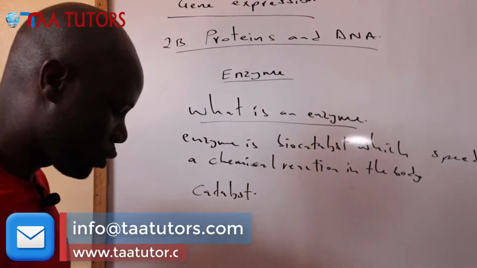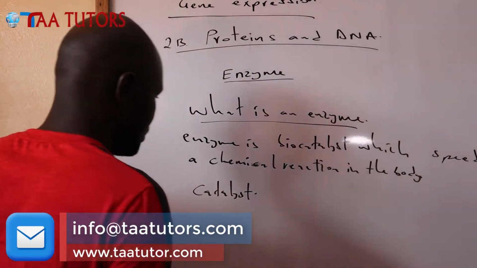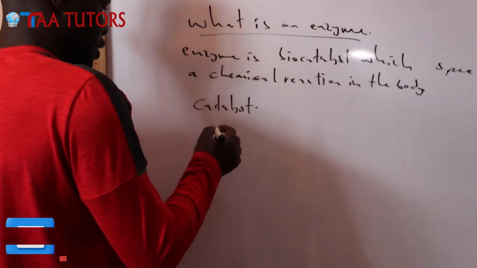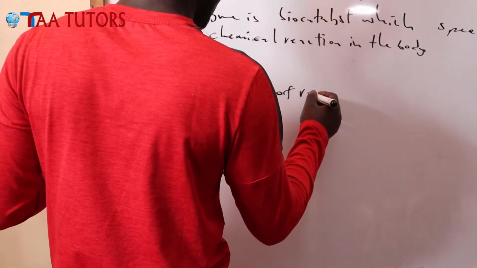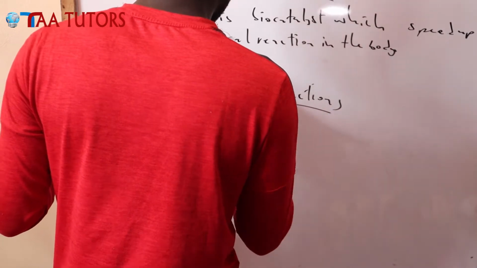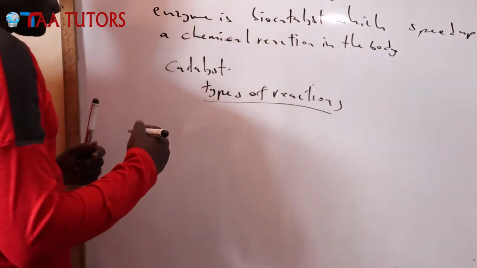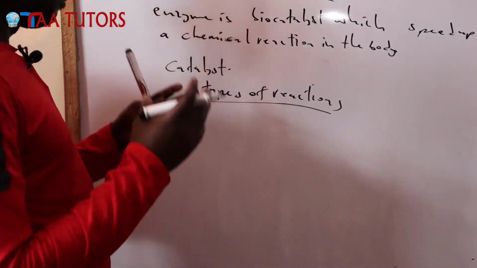So how do the reactions normally occur? I want us to understand that we have two types of reactions in the cell. We have the reaction that helps us in building new materials, like forming materials.